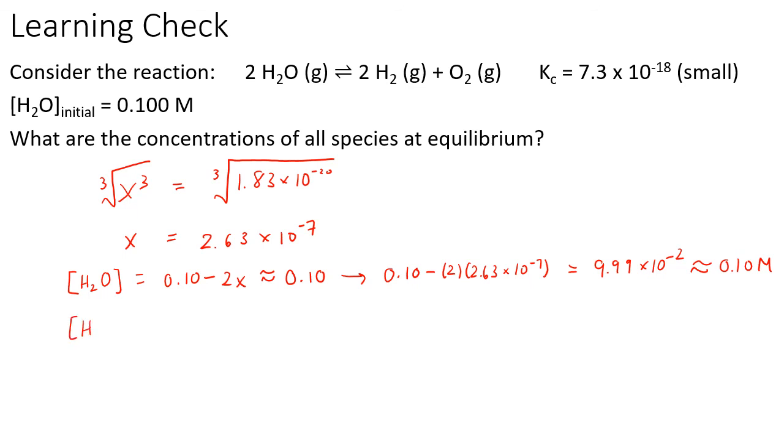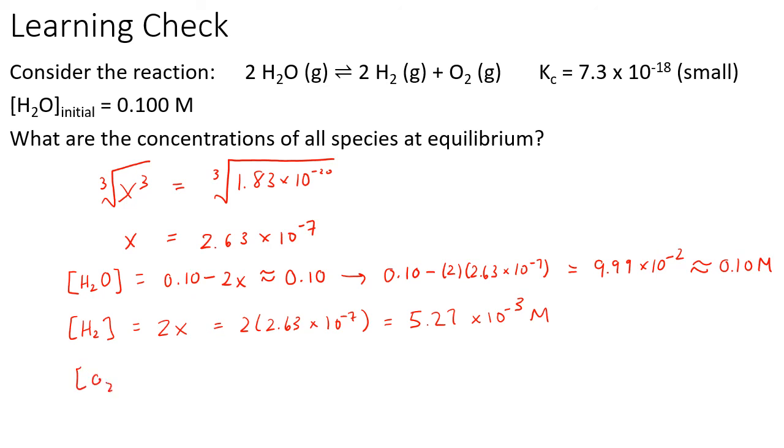Our hydrogen at equilibrium was equal to 2x, and so that'll be 2 times 2.63 times 10 to the negative 7th molar, and that comes out to being 5.27 times 10 to the minus 7th as our concentration.